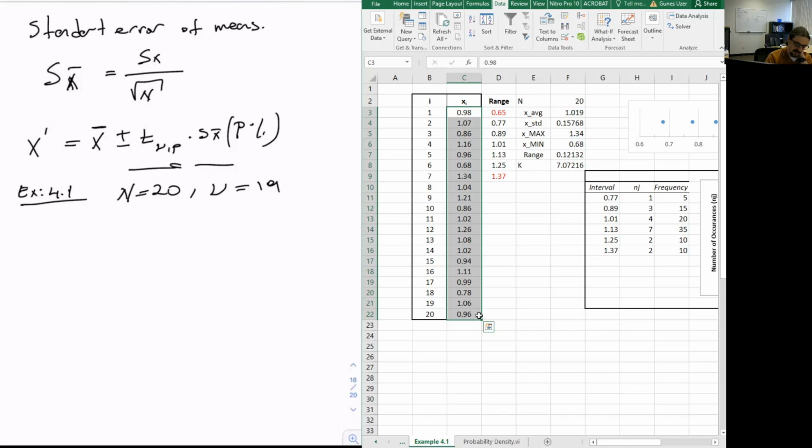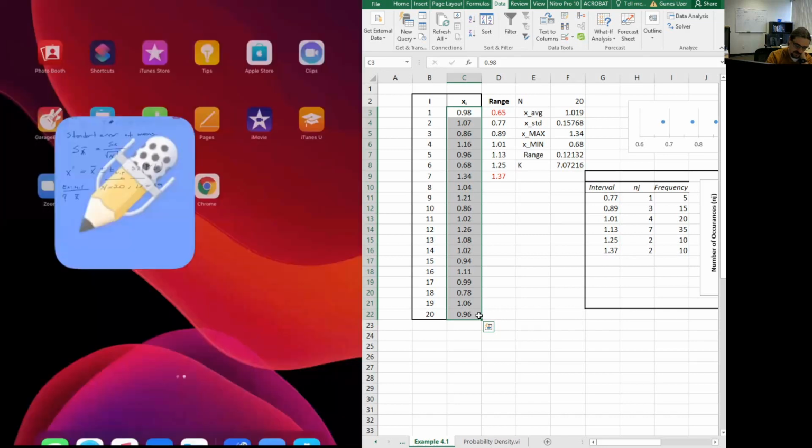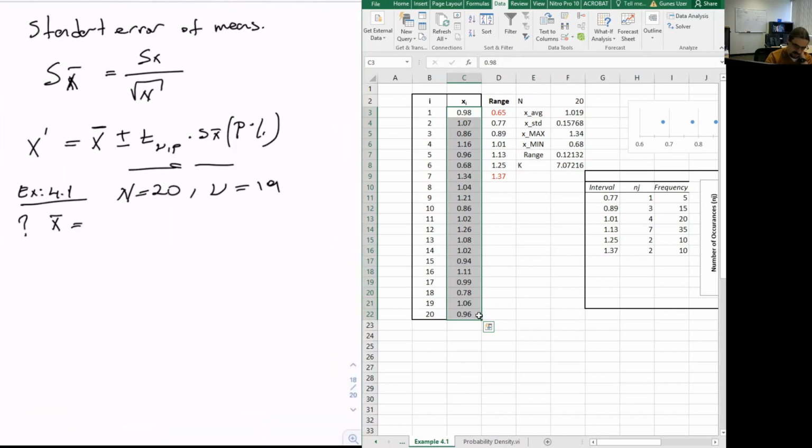The question is, what is the confidence interval at the 95th percentile? In other words, find x bar plus minus t 95 times Sx bar at the 95th percentile. So let's do that.